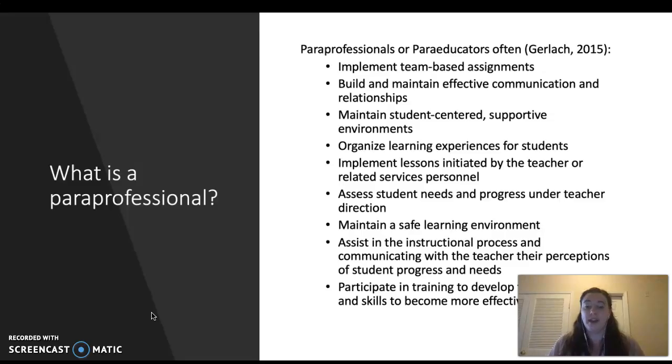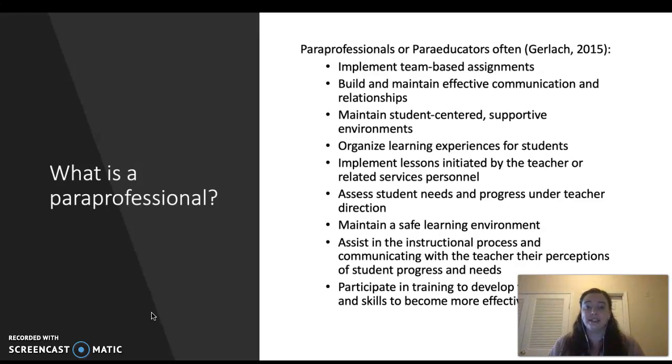While thinking about this, I'm going to read some of the tasks or job descriptions for paraprofessionals and paraeducators from the Council for Exceptional Children's website, cited from an article from Gerlach, 2015.